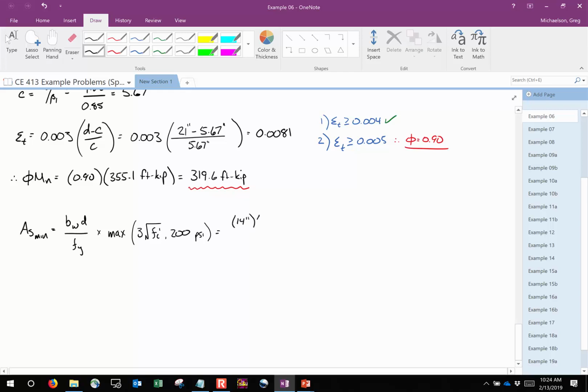So this is going to be 14 inches, 21 inches. We've got 200 psi over what? Don't forget, 60 ksi is 60,000 psi. And so what does that come out to be? 0.98. Do I have a second on that?